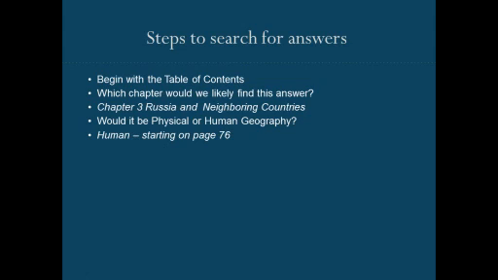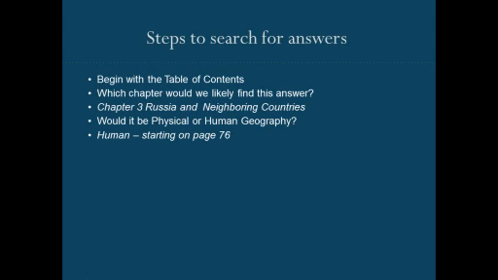So we can see that human geography starts on page 76 in our book. In that case, we've now narrowed it to the point that we get to move into the book. So now we go to page 76. If we look at the table of contents, we can see that human geography itself goes from pages 76 to 91.